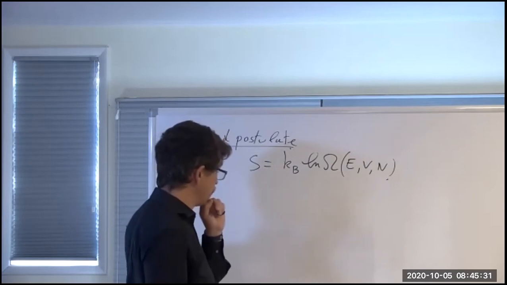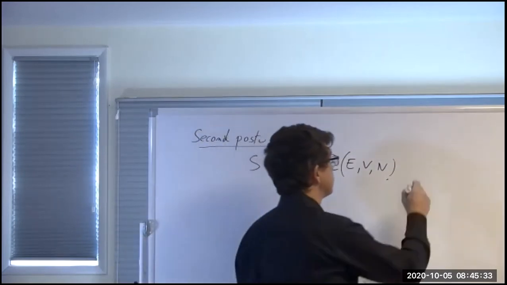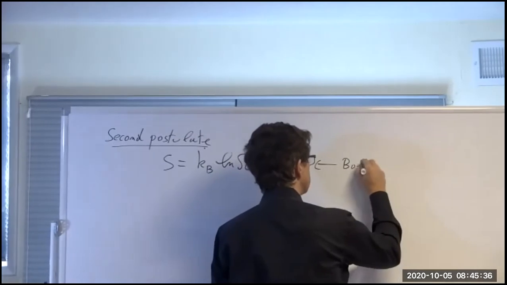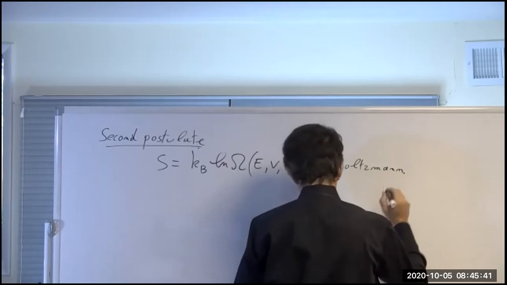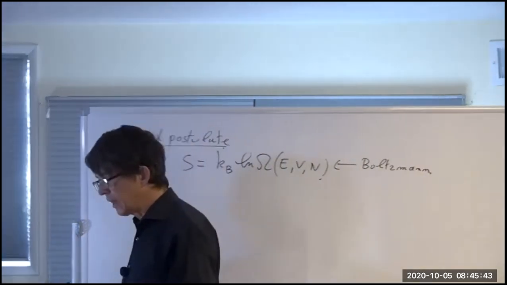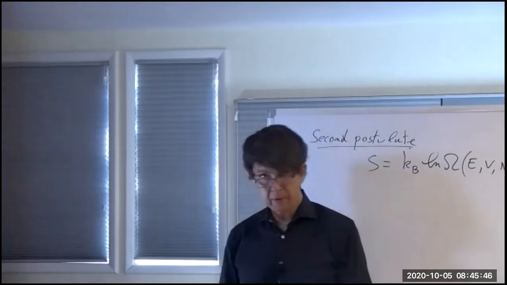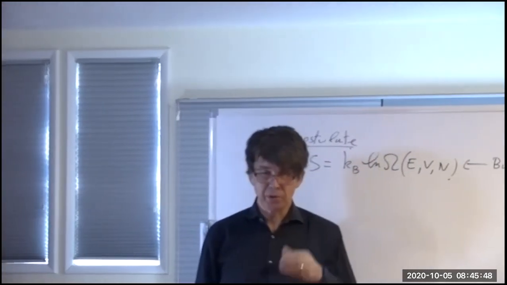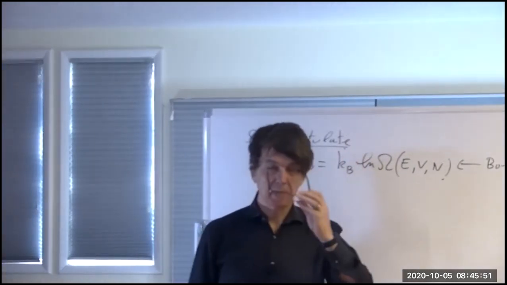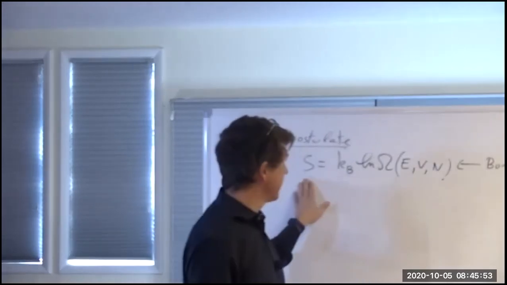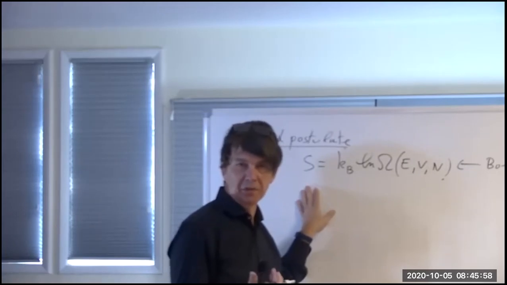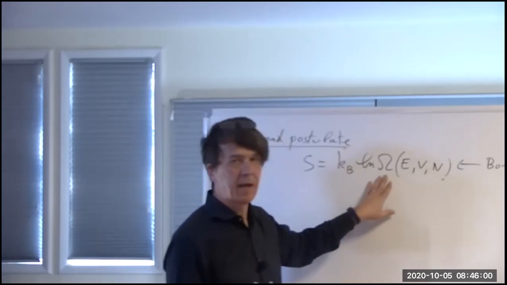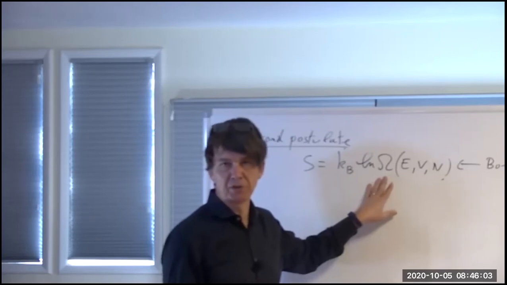So remember, this is due to Boltzmann, right? And if you think about it, this is really like something you could have come up with. Because if you want to build a relation between entropy, which you've learned from classical thermodynamics is an extensive quantity, and number of configurations, it actually has to be logarithmic, just because of the nature of combinatorics.